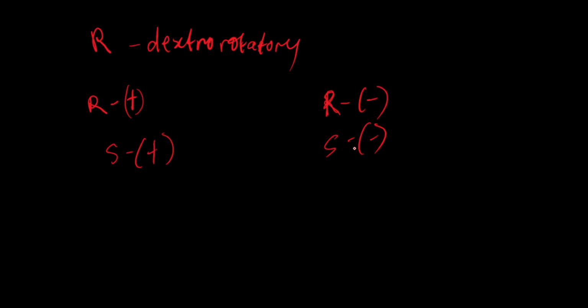It doesn't work that way. They are determined strictly experimentally, so it's important for us to take note of that. However, if the R configuration of a particular molecule with one asymmetric center is dextrorotatory, the mirror image, which would be the S, would be levorotatory. I hope we're able to understand that.